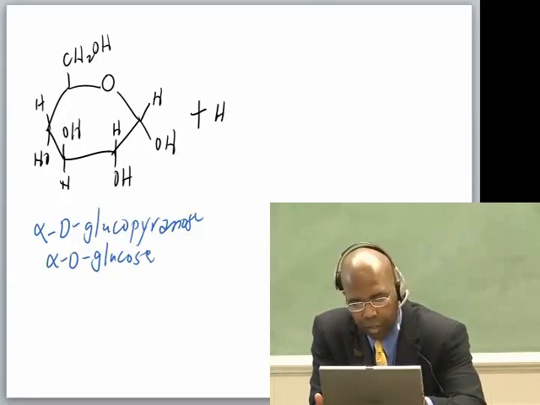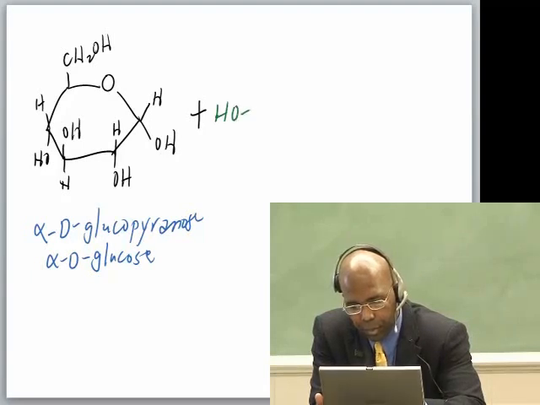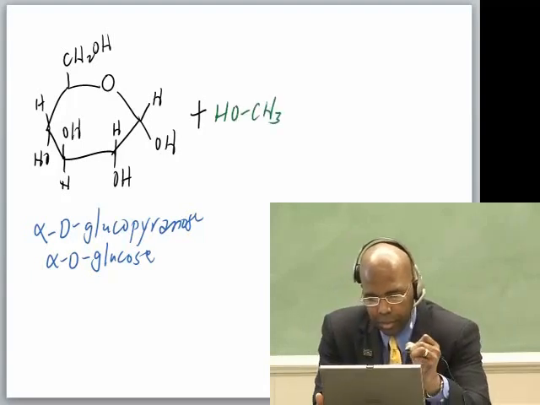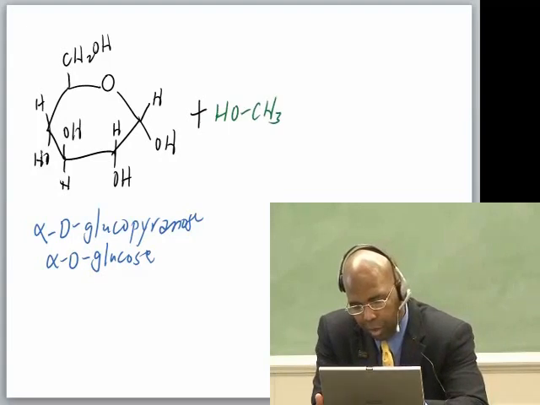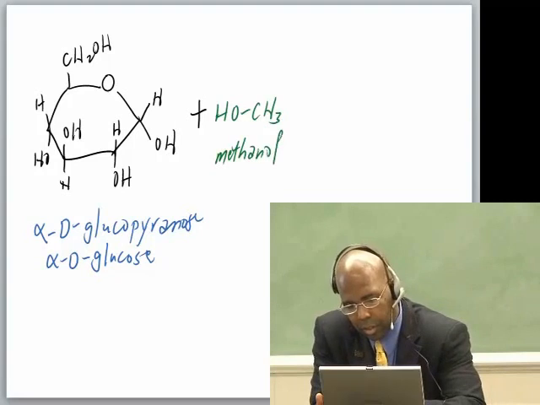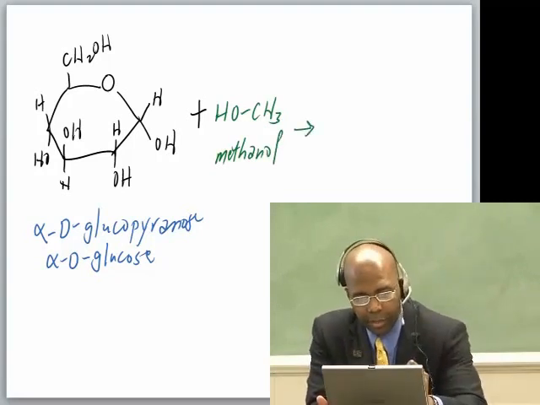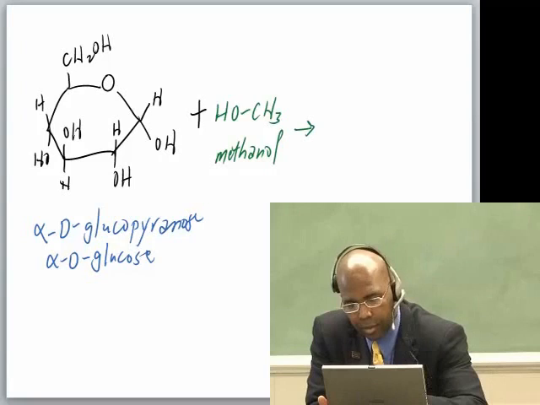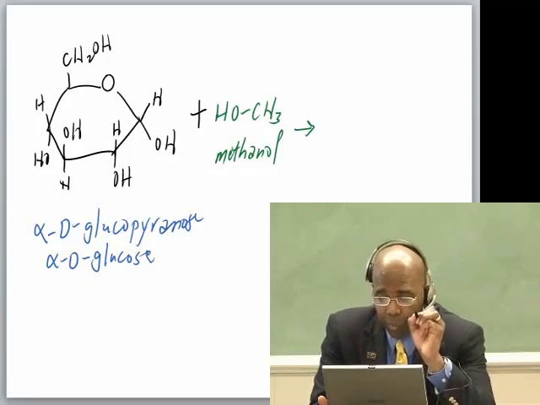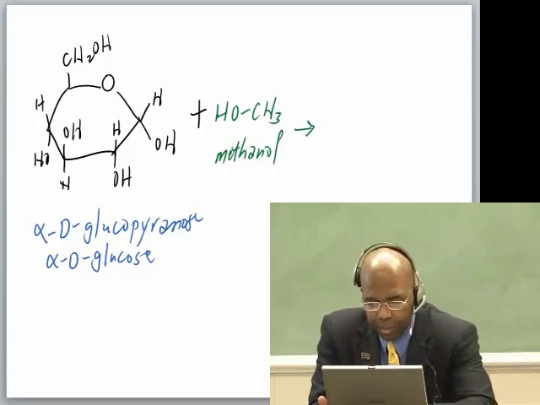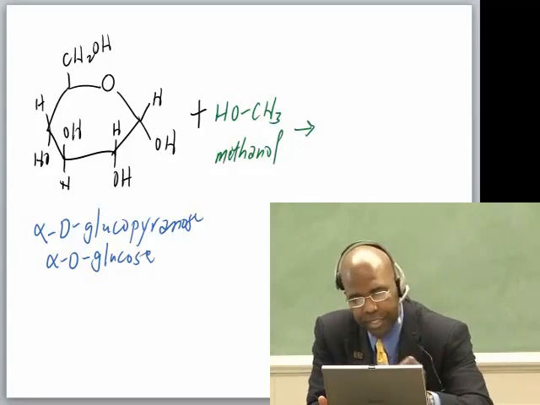plus, I'm going to make this a different color, plus methanol, so we'll put here methanol. Okay, and now we're going to make the product. And whenever you form a glycoside, the anomeric carbon keeps its orientation. It keeps its orientation.